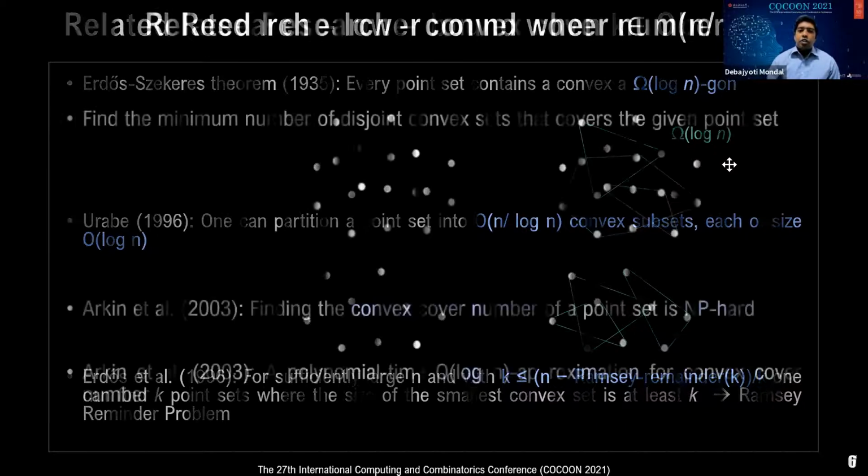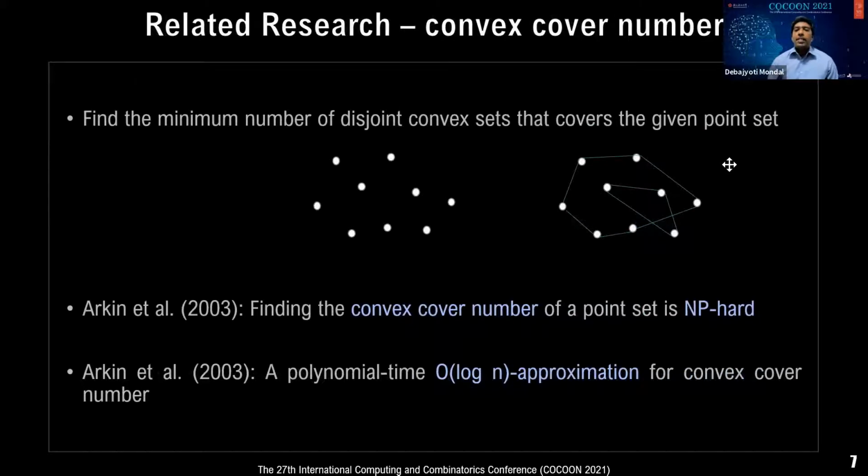There are other research results in terms of convex cover number. In this case, we want to cover the input point set with the minimum number of disjoint convex sets. Here, we can see that the input has been covered with two disjoint convex sets.